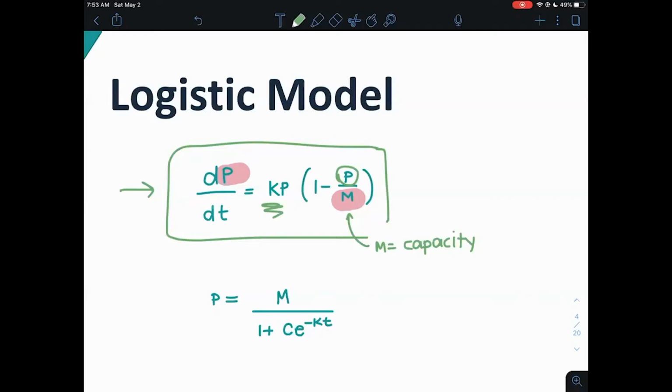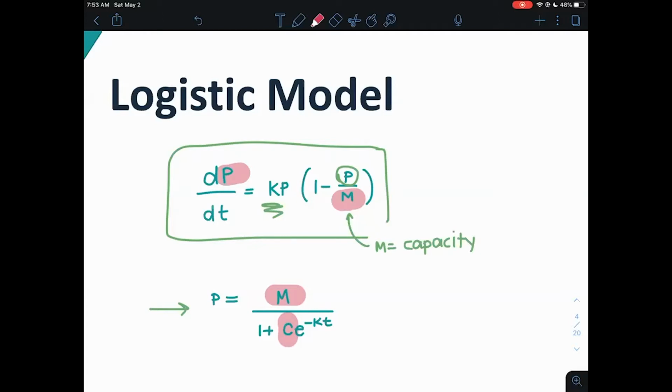It's a lot more complicated than just the exponential model that we looked at in the last slide. The separation of variables involves partial fractions in the integration. It is great practice if you want to review partial fractions. But once we do that, we would end up with this function here, where we still see M, our capacity, and we also have another constant, this letter C, which is working just like in that exponential model.